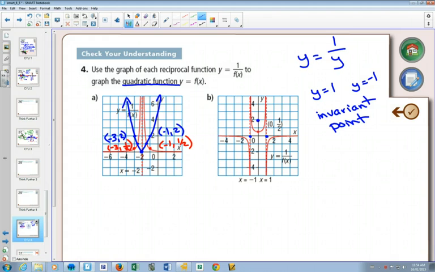Is there any places where the red graph is equal to 1 for your y value? Can you see right here the red graph has a y value of 1? Right here the red graph has a y value of 1? So you could draw those points in as well. Are there any points where your red graph has a y value of -1? So you look at -1, does that ever hit the red graph? Sure does, right here and right there.